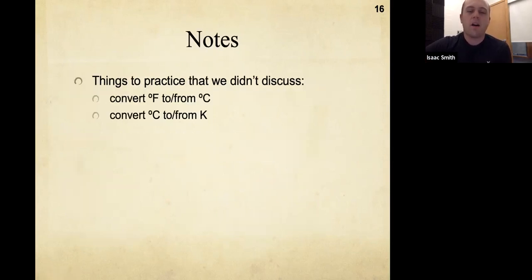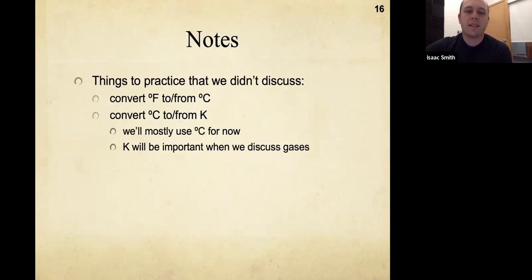So always just be aware of units. And again, right now we're going to use a lot of Celsius. Kelvin is a unit that we'll use later when we talk about gases. So I think that's it. Oh, convert from joules to calories. We talked about that conversion factor as well. So, all right, I think that's all.